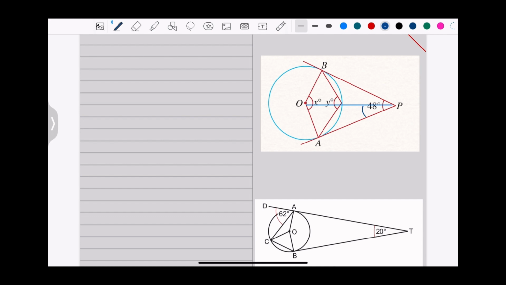So this angle is 90 degrees. I can say angle PAO is 90 degrees because of theorem 5, tangent. Now half of this is going to be 24, and I can find this much. So angle AOP is going to be 180 minus 90 minus 24.